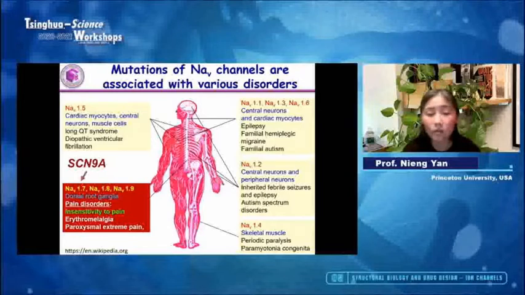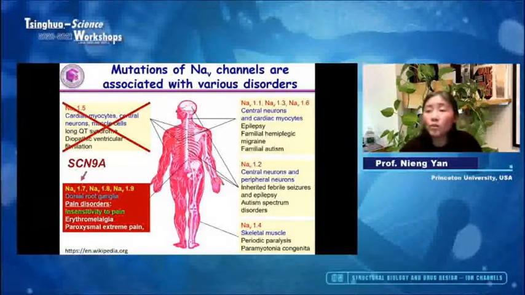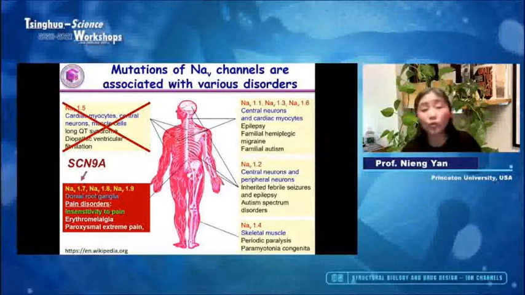analgesics or painkillers. And because the nine subtypes of sodium channels are so closely related, when you try to develop inhibitors targeting NAV 1.7, you want to make sure its function is specific. It will not suppress your heartbeat, right?